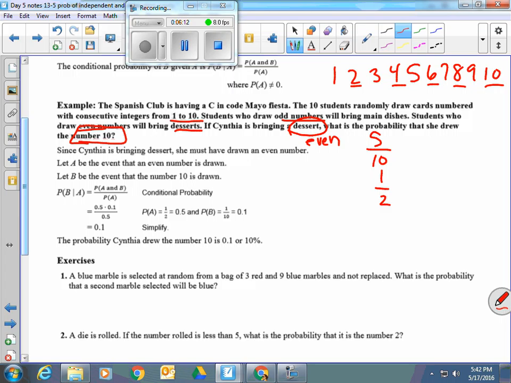Well, how many 10s are there? Well, out of that, there are 5 numbers, and there's only 1 10. There are 5 even numbers, right? So right here, this would be 1 out of 10. And what's the probability? Well, 1 out of 10 is 10%.